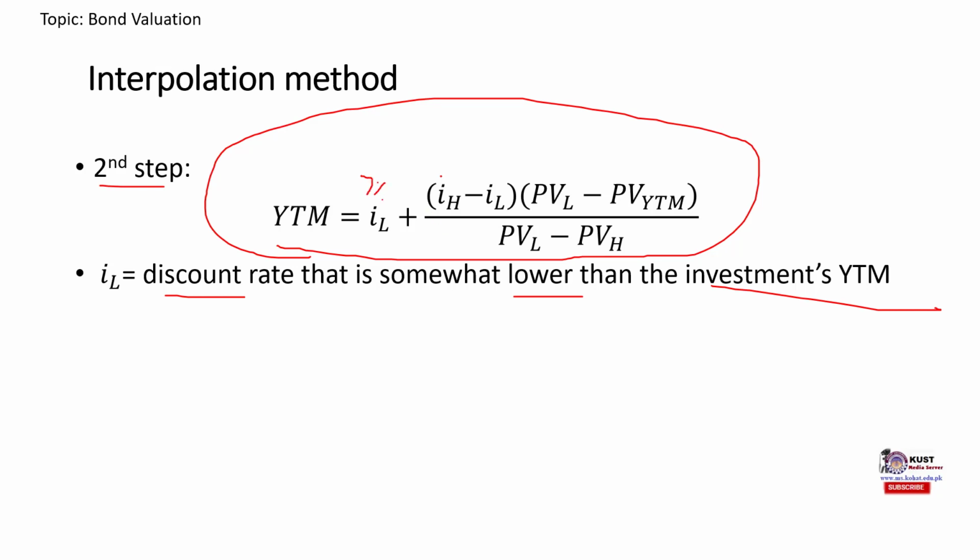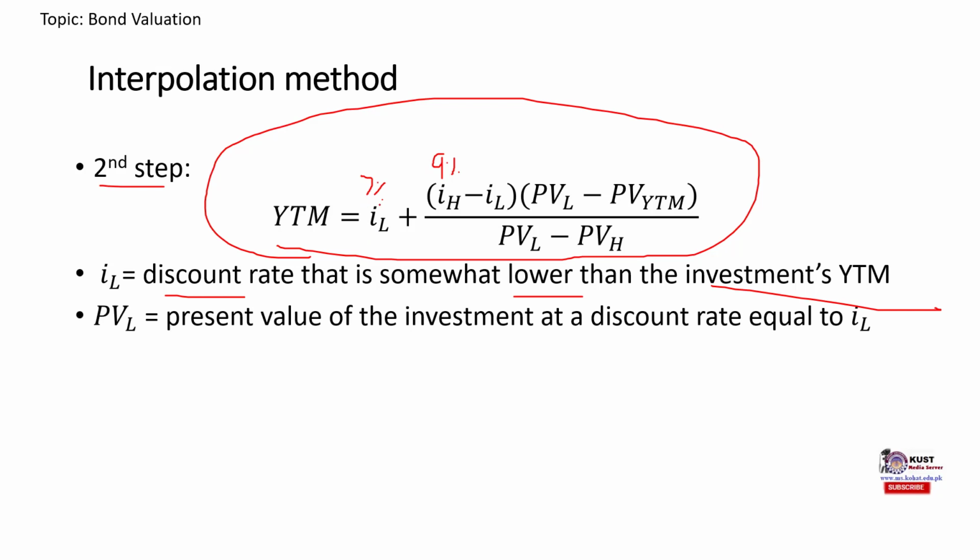IH would be the higher discount rate. So in our previous example, IL would be 7% and IH would be 9%. This is the value where the answer was greater than 1080, and this is the value where the answer was less than 1080. Then the PVL, that is the present value at discount rate of IL. So what was the answer that we found when we used 7%, the value of IL?